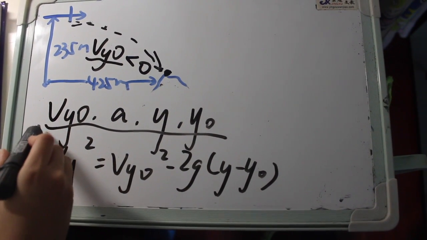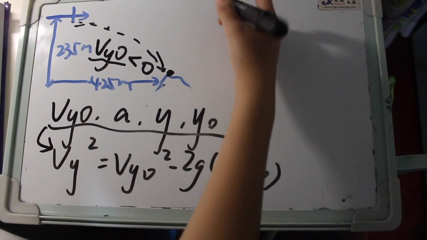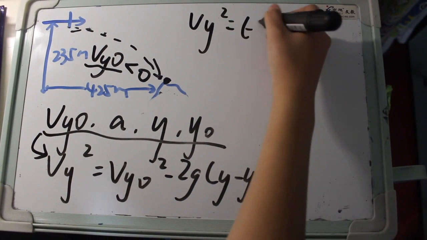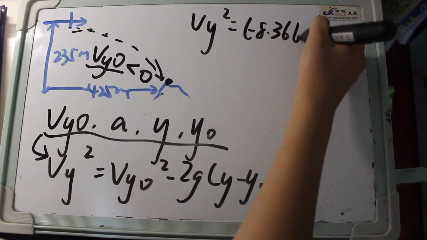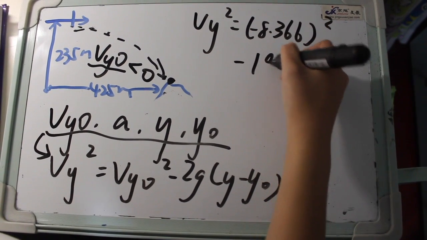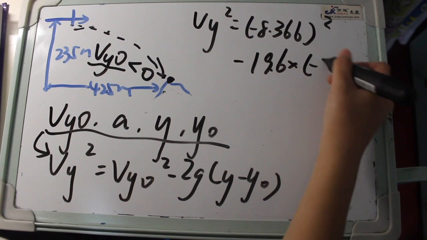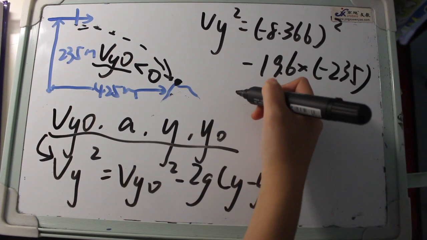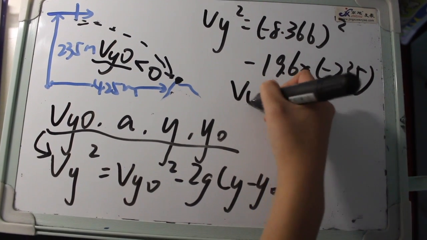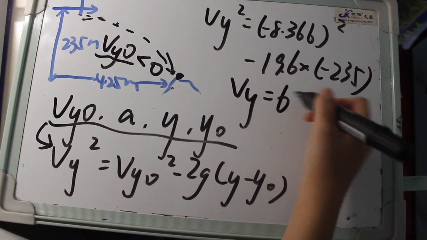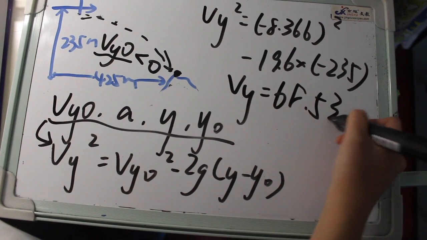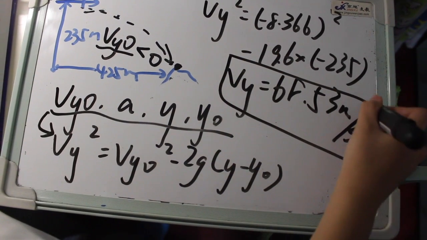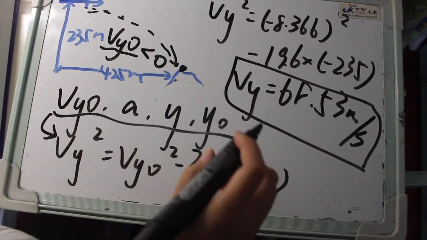Put the numbers we know in it, and after calculating, we know the result of Vy equals 68.53 meters per second. That's the final answer we get.